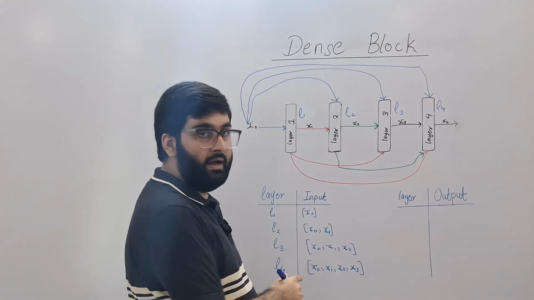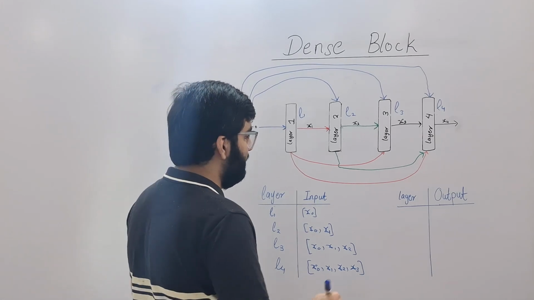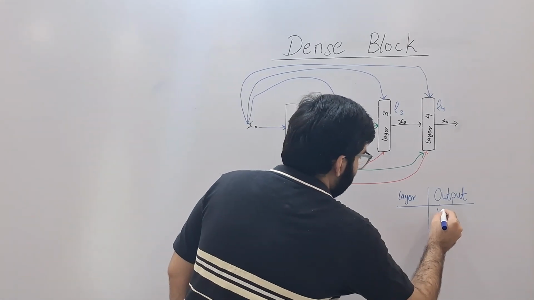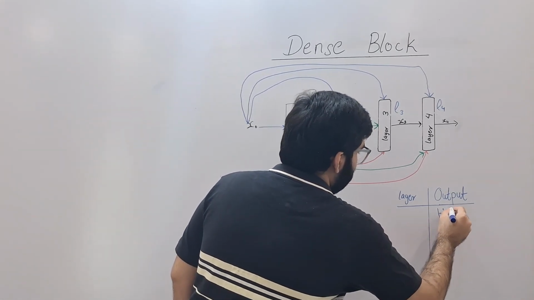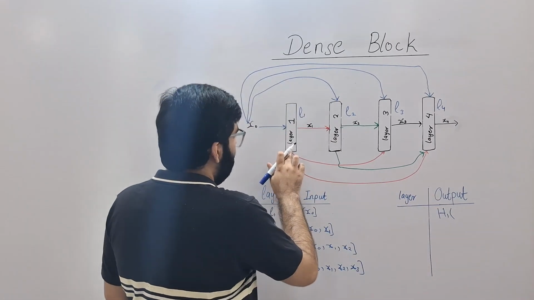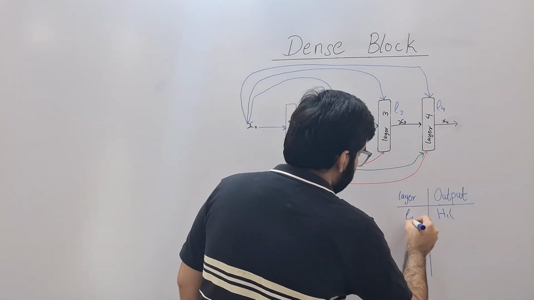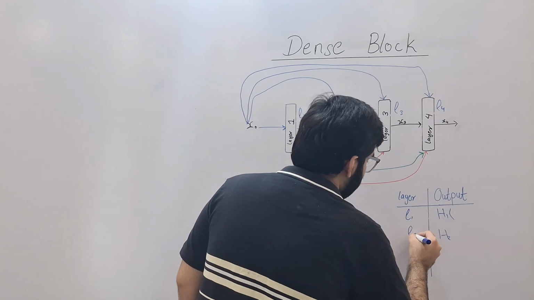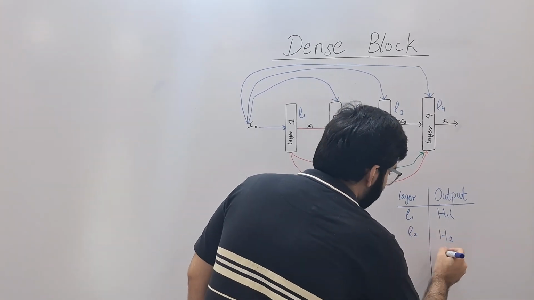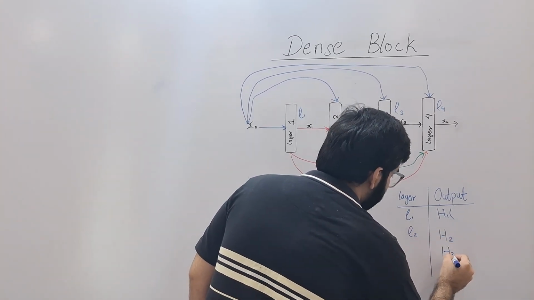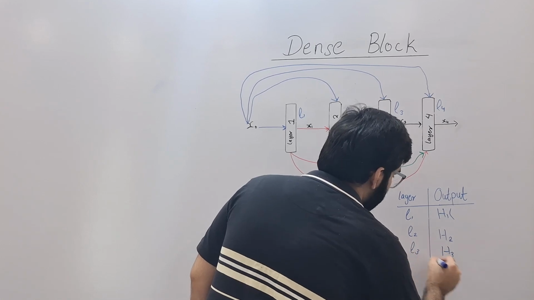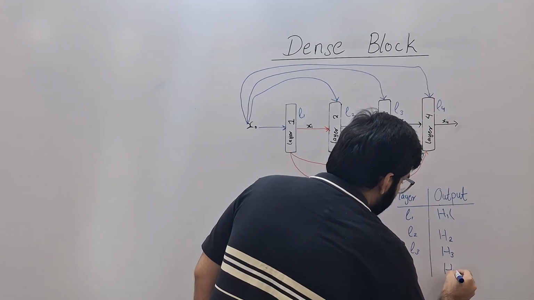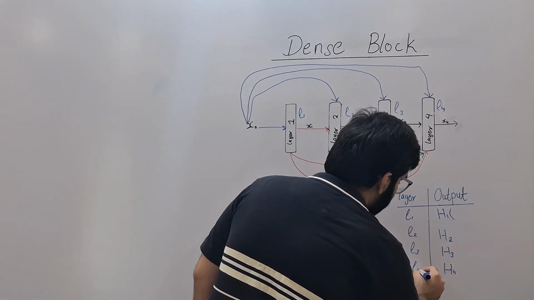Now let us look at the output of each layer. Let h1 be the transformation function that is applied by layer 1. Let h2 be the transformation function applied by layer 2. Let h3 be the transformation function applied by layer 3, and let h4 be the transformation function applied by layer 4.